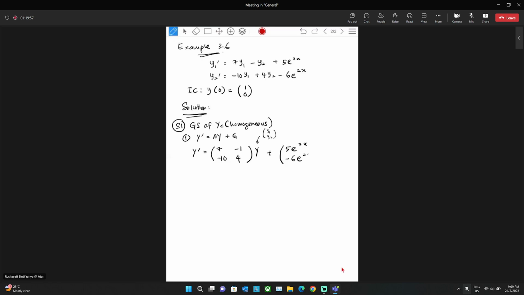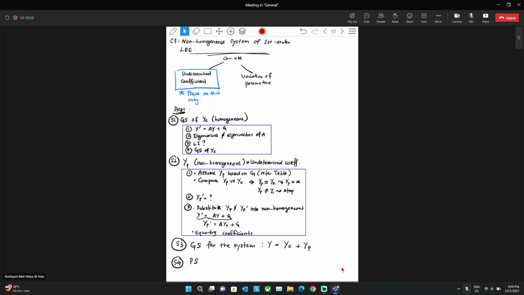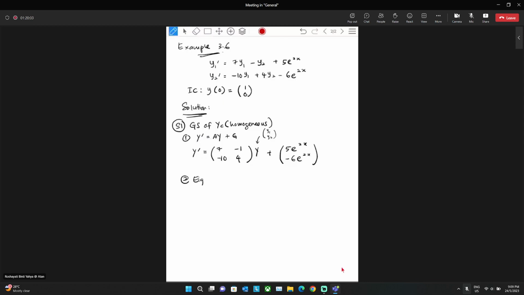And then number 2, eigenvalues and eigenvector of A. So if you still remember, you have A minus lambda I equal to 0.